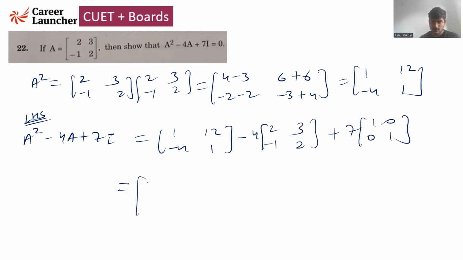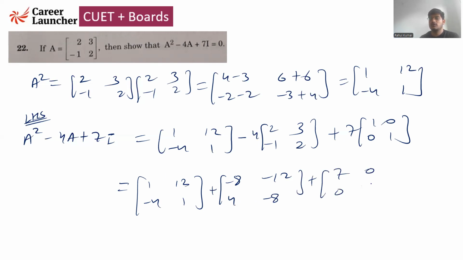Let's try to simplify this. [1, 12; minus 4, 1], then [minus 8, minus 12; plus 4, minus 8], and last but not least, [7, 0; 0, 7]. And you will get a null matrix. After getting a null matrix, you can say that this is the zero matrix, and this is how you can prove this thing.